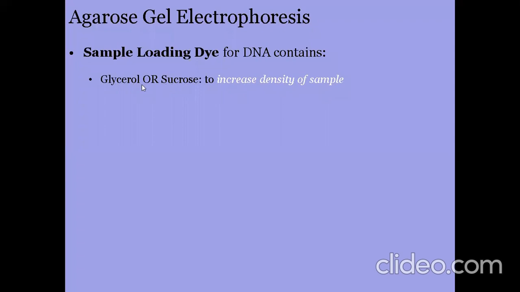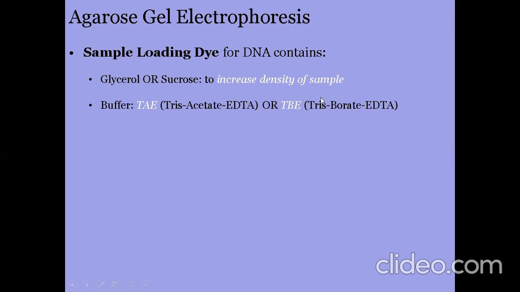So sucrose or glycerol are added in the loading dye, so they increase the density of the sample. By increasing the density of the DNA sample or RNA sample, it will easily settle down in the well. And the second thing is the buffer, TAE, tris acetate EDTA, or TBE, tris borate EDTA.